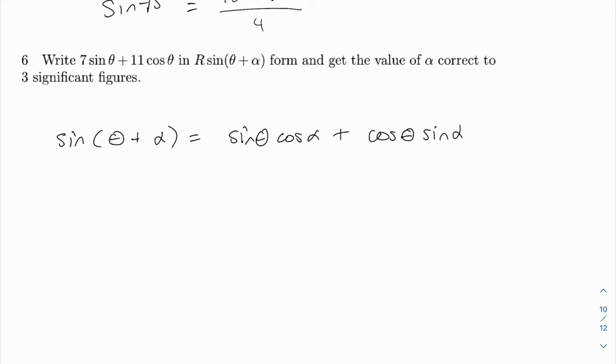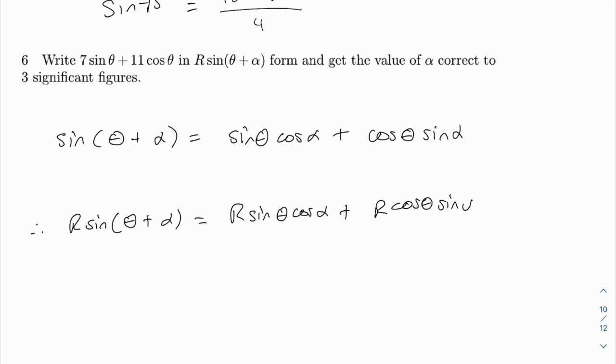And so, what can we say? We can say, therefore, r sine theta plus alpha. So we times by r now. That's going to give me r sine theta cos alpha plus r cos theta sine alpha.